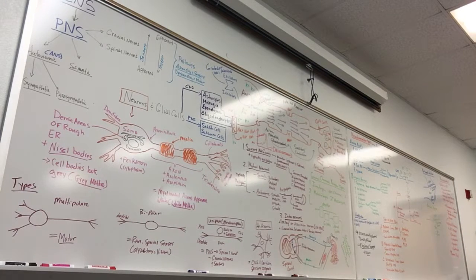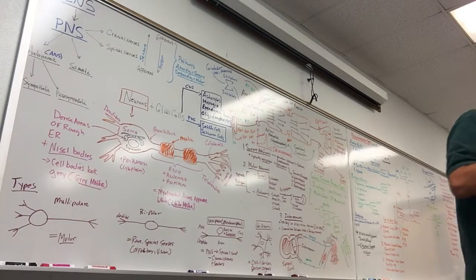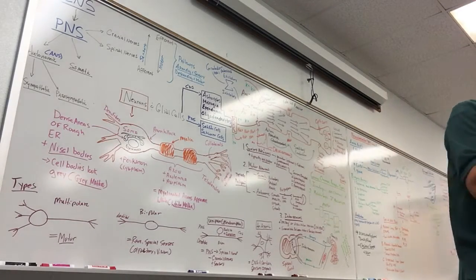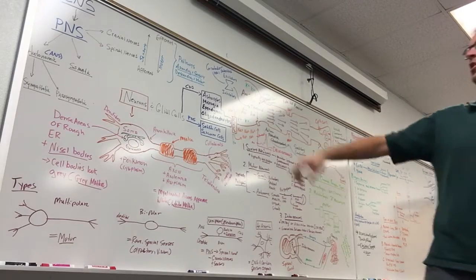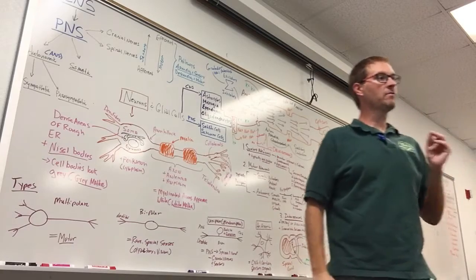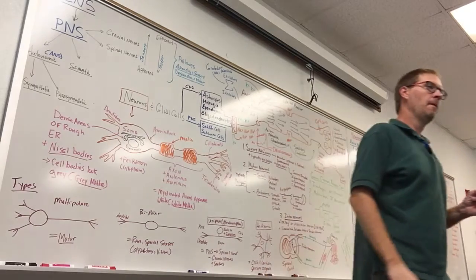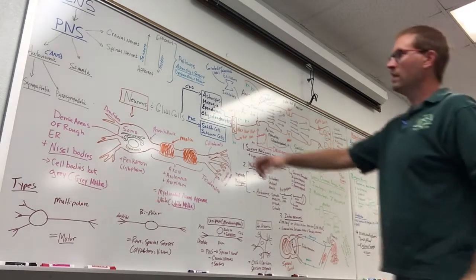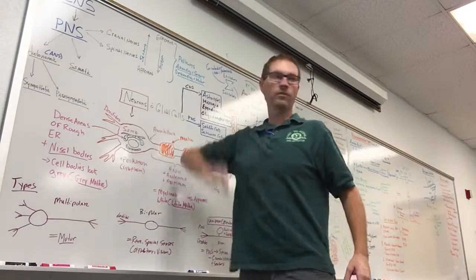Those pathways that ascend, that carry information up to the brain, are what are known as afferent pathways. These are pathways that carry information into the brain, and that information may go in through either spinal nerves or cranial nerves.